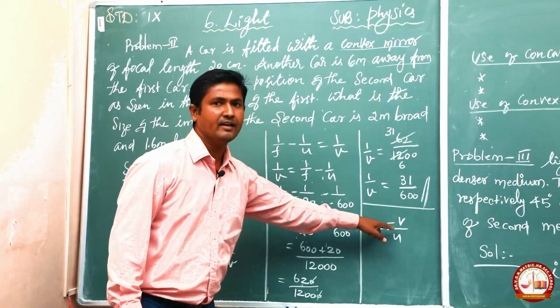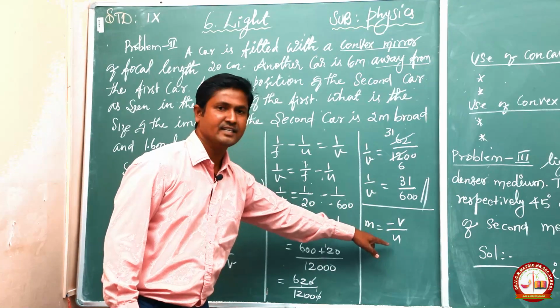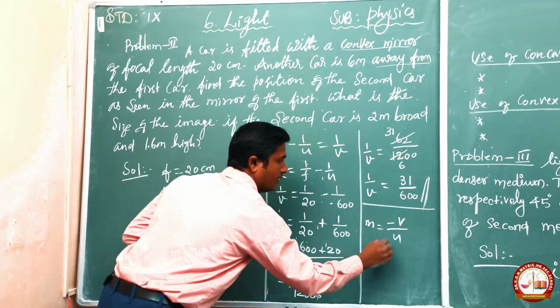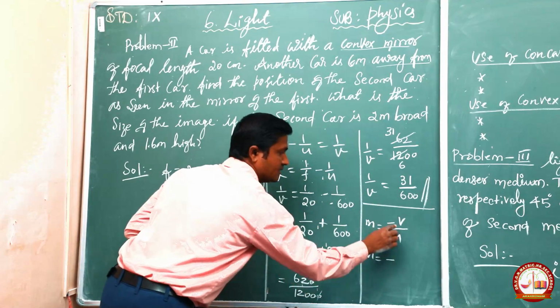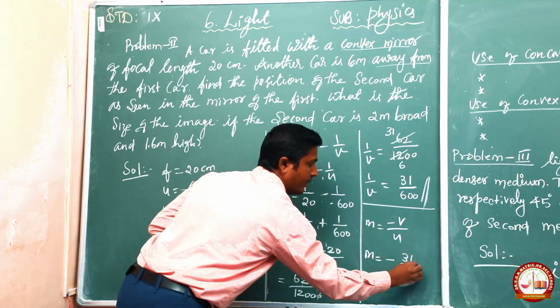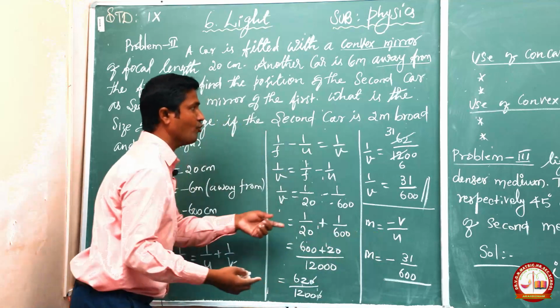So v is the distance of the image, u is the distance of the object. Put the values in. m equals minus v, which is 31 divided by 600, divided by the u value.